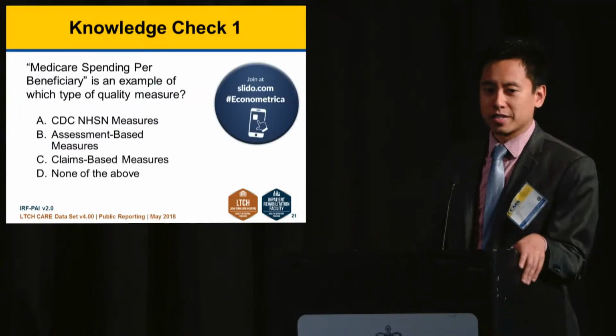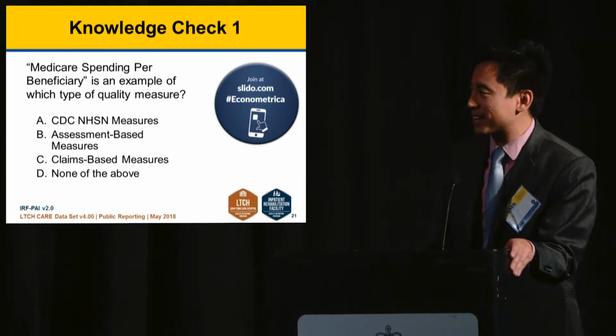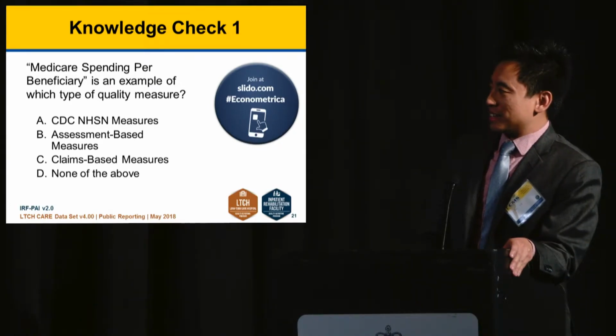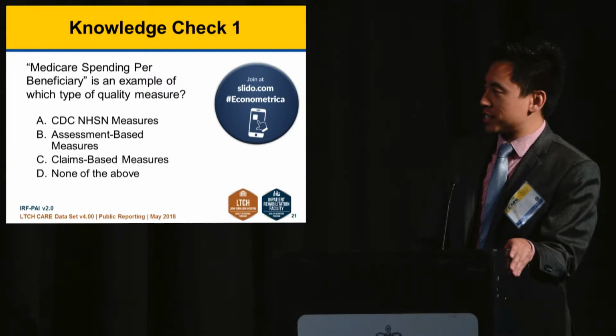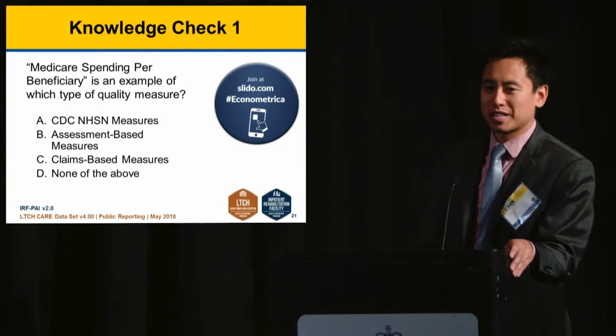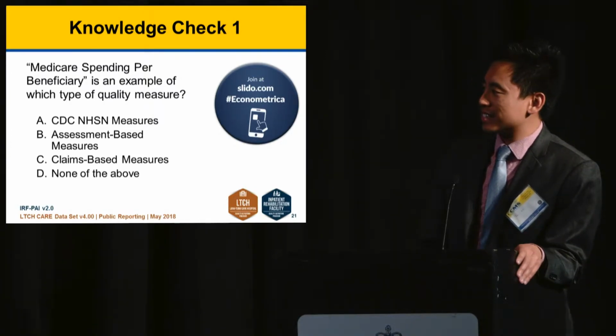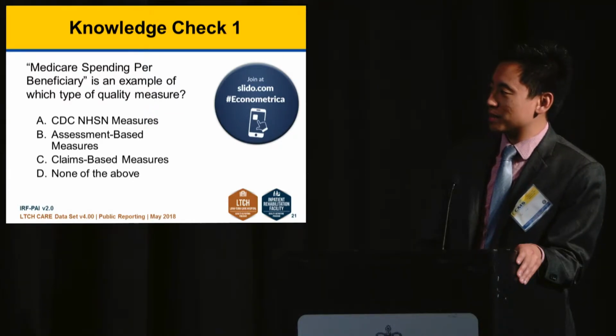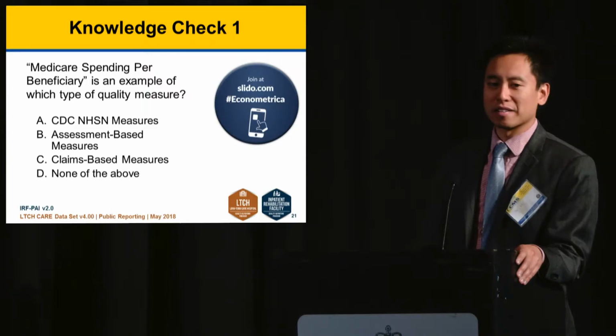So we have our first knowledge check, so get out your phone and we can go over this first question. Medicare spending per beneficiary is an example of which type of quality measure? Is it A, CDC NHSN measures, B, assessment-based measures, C, claims-based measures, or D, none of the above?